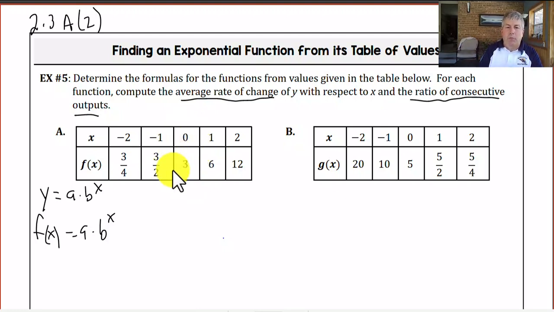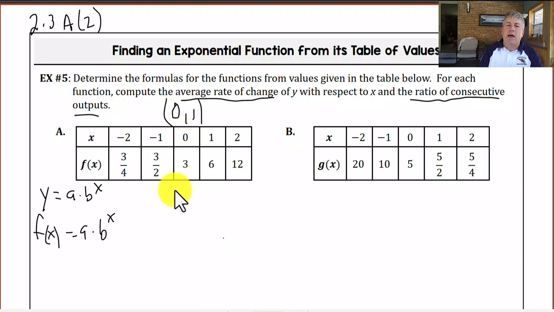One of the important points, as we know, in an exponential function is the point (0, 1). Anything to the 0 power is 1, and our a value would be 1. But in this function, when we input 0, we output 3.